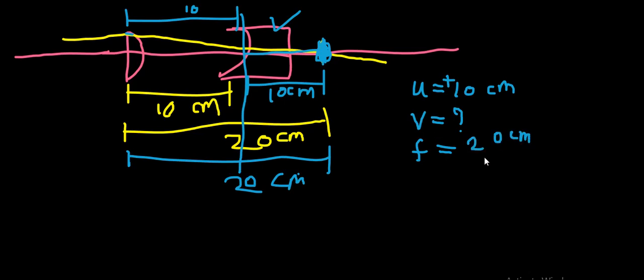You can find it using the lens formula. The lens formula is 1 by v minus 1 by u is equal to 1 by f, where f is the focal length. Now we can convert this to find v: 1 by v is equal to 1 by f plus 1 by u.